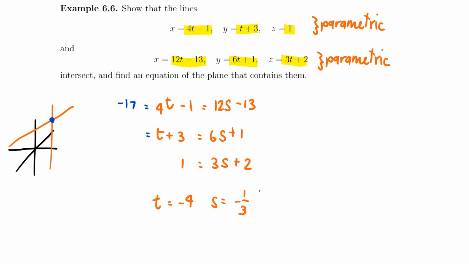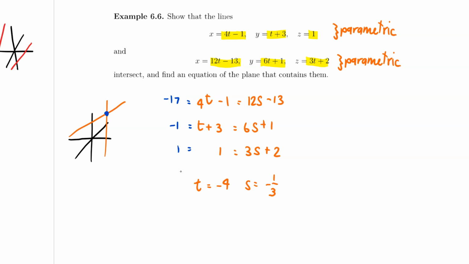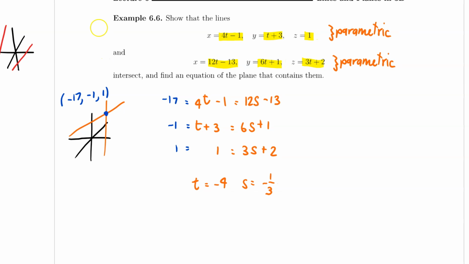My y coordinate, the second one, is negative 1, and my third one, the z coordinate, is just 1. So that means the coordinate for the intersection point is negative 17, negative 1, and 1. So now I'm done with the first part. I have already shown that these two lines intersect.